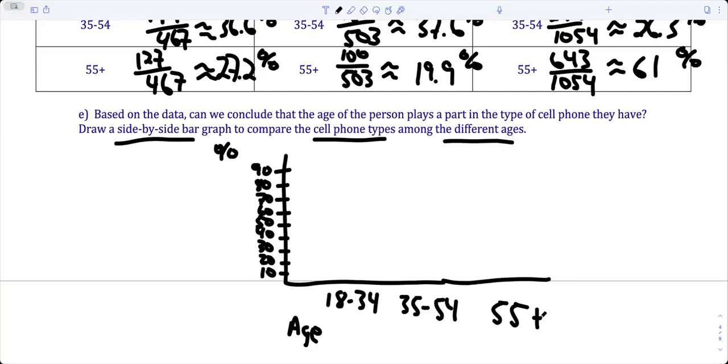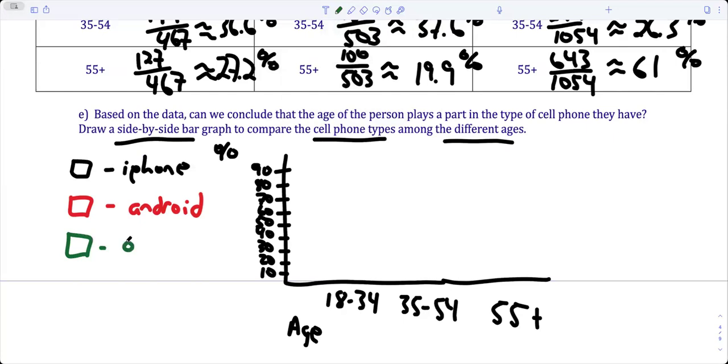And I am going to designate the different categories of phone by color. I'm going to do iPhone here, and then Android, and color.